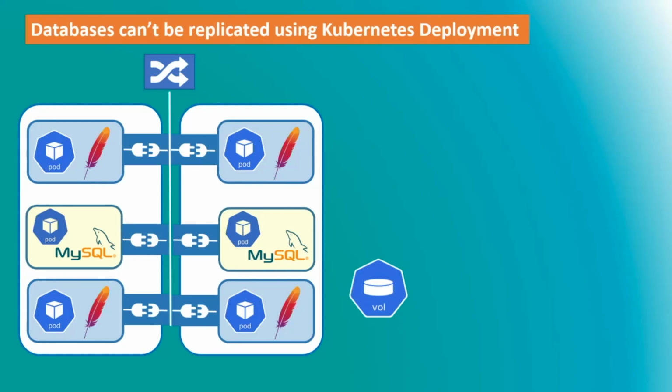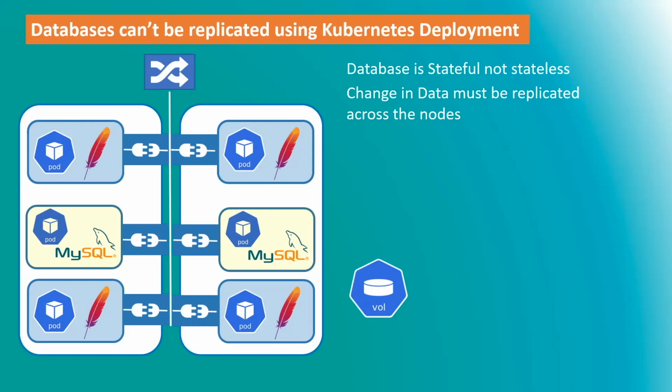But the database pod cannot be replicated using a Kubernetes Deployment. The reason is that a database is stateful, not stateless. That means every time I'm writing data inside my database, the changes in the data must be replicated across the nodes. And for that, I must use a persistent volume or external storage, and my database should communicate with that.